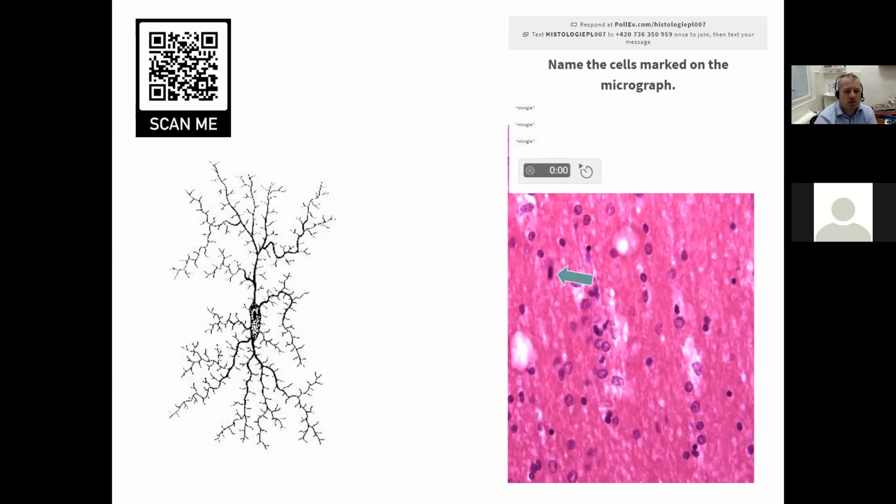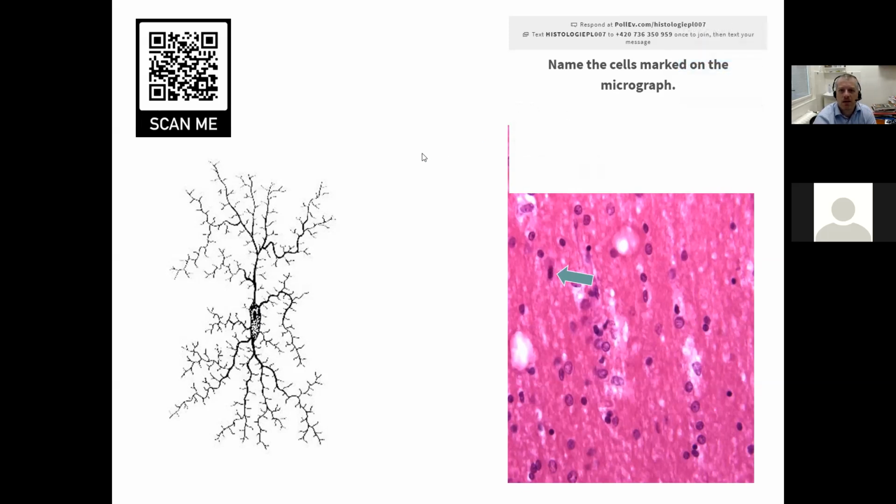When they become bigger, the nucleus becomes larger, they will express many lysosomes, and they will perform phagocytosis and present antigens. So these are resting microglia.